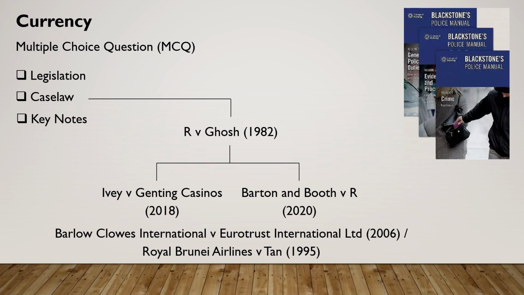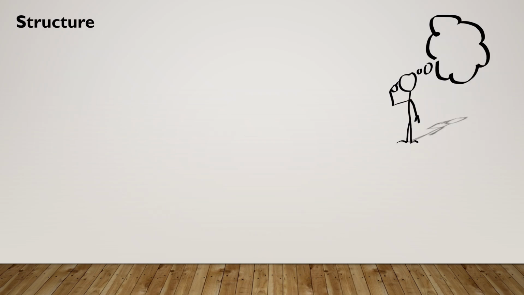Now, in terms of the multiple choice questions themselves, you'll be facing 150 questions in 3 hours, which roughly equates to 72 seconds a question. Now, while this may sound a lot of time, trust me, it isn't, especially if you spend too much time thinking about one question or indeed fretting over another while trying to focus on the next.